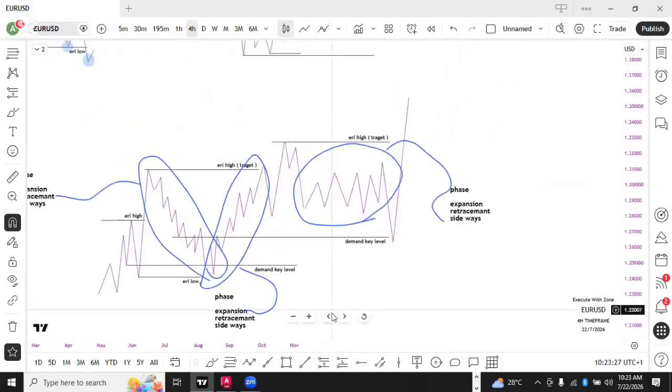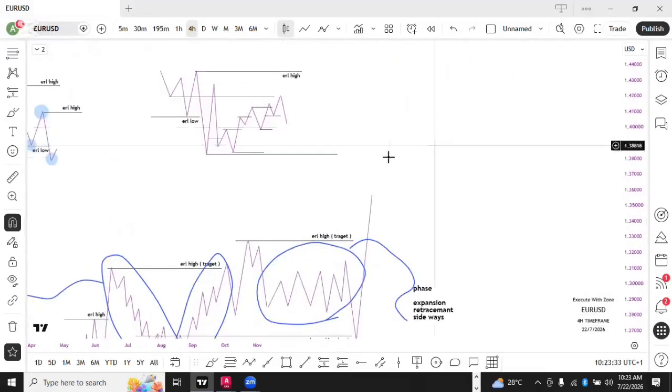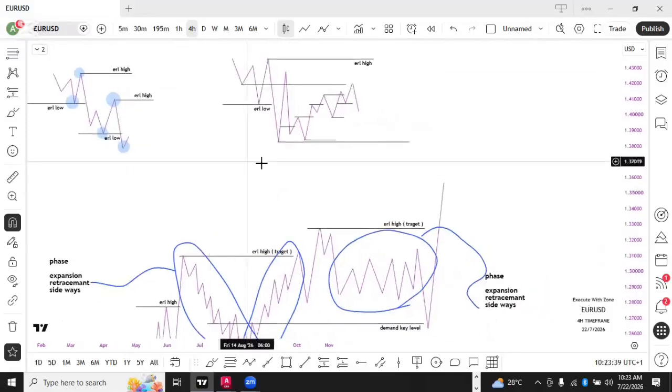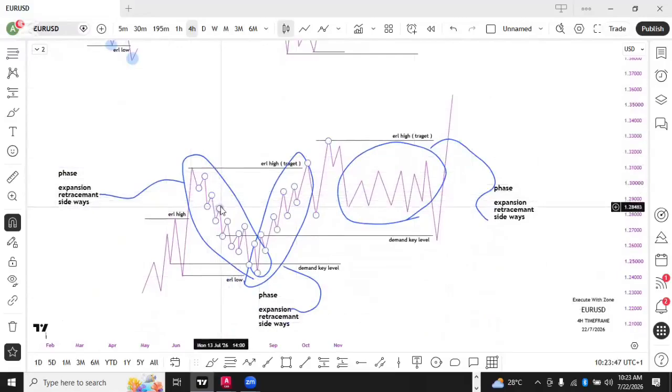So knowing that now, and I've already done an explanation on that, we can now understand what external range liquidity is and what internal range liquidity is, and the order flow of a phase: expansion, retracement, and sideways.